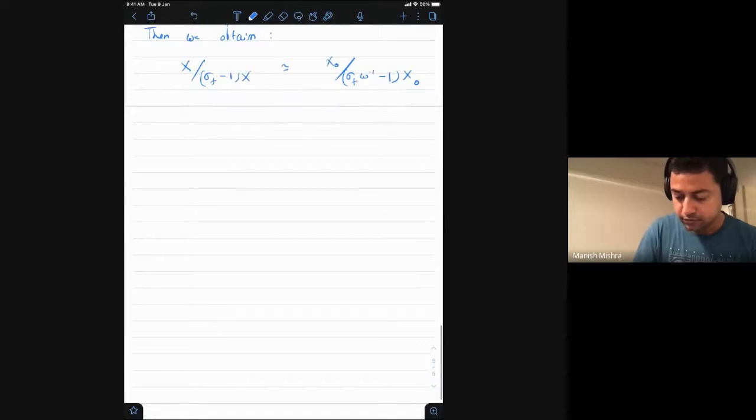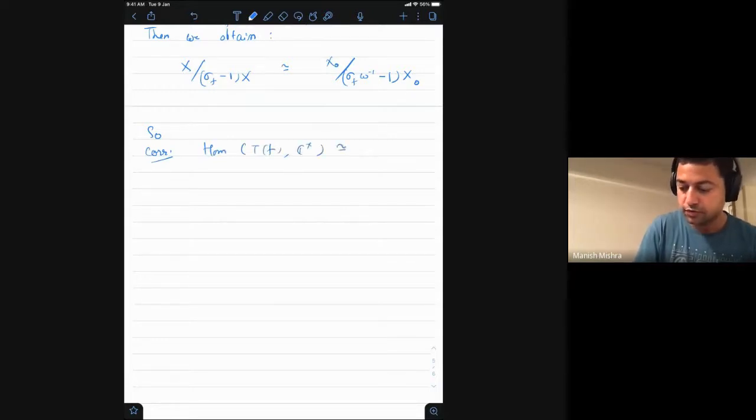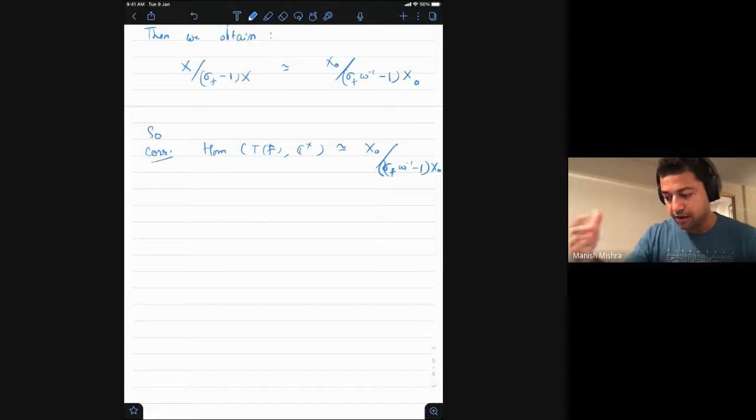And so we get this corollary that Hom(T^F, C star) is isomorphic to X_0 / (sigma_F omega inverse minus 1)X_0.